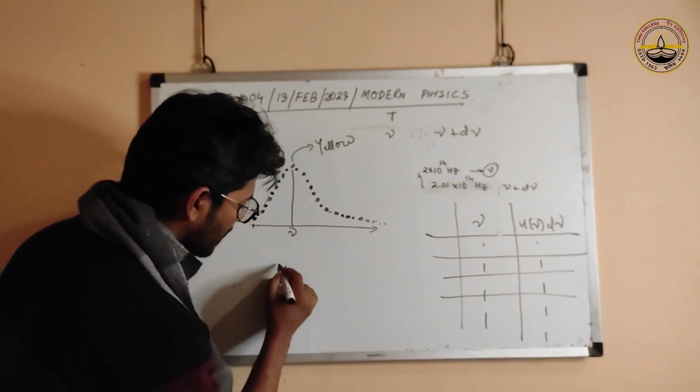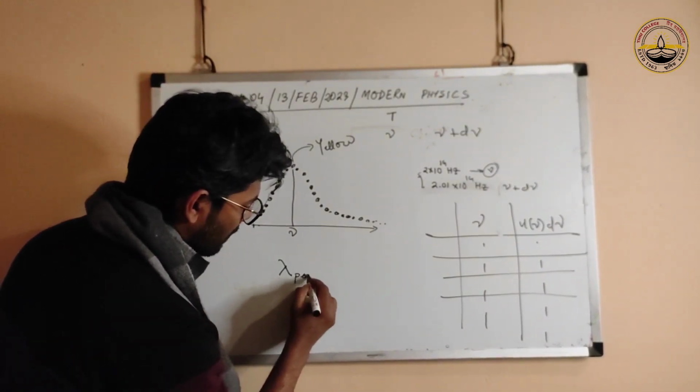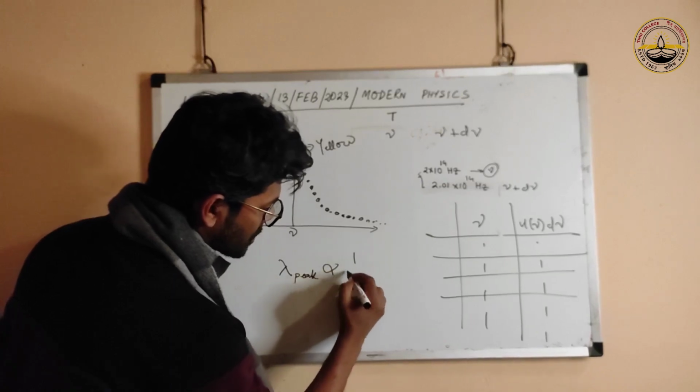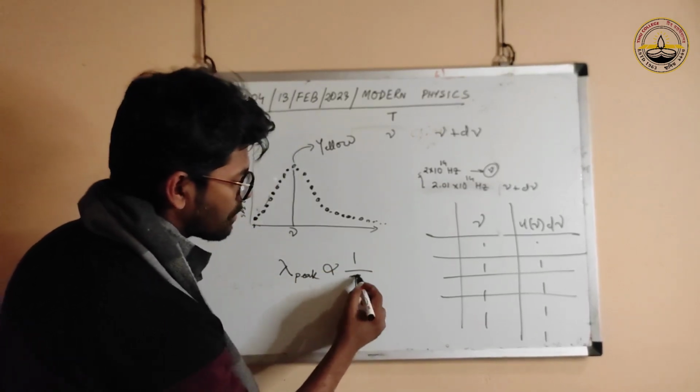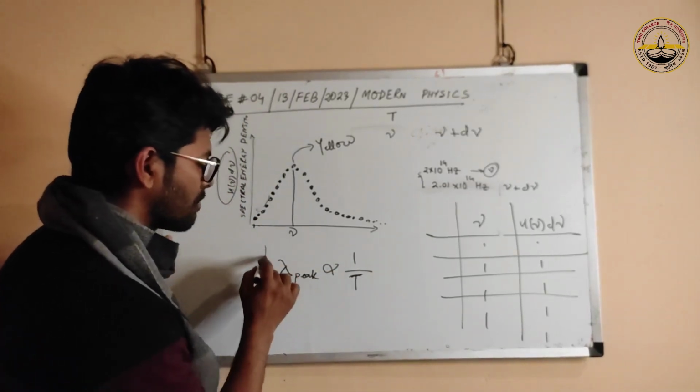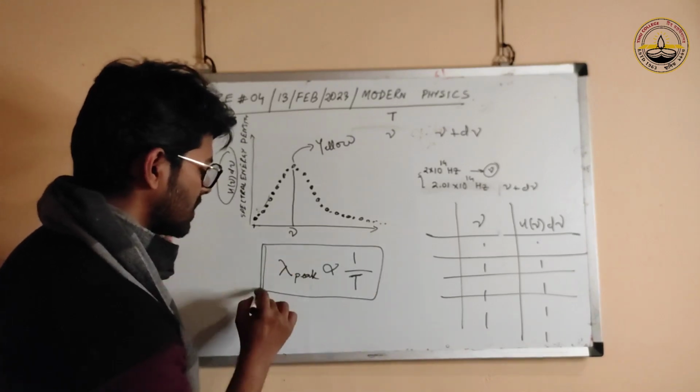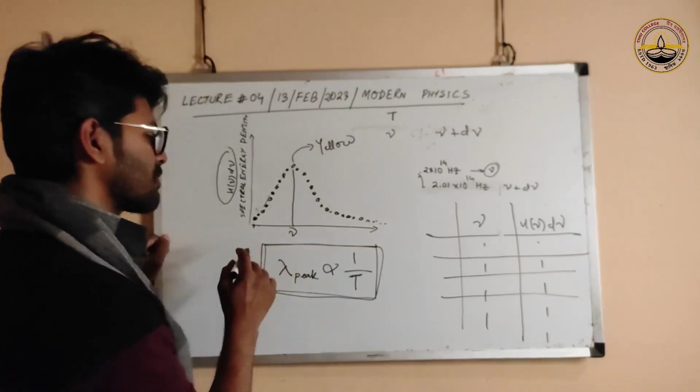So the peak wavelength will be inversely proportional to the absolute temperature of the black body. And this is called Wien's displacement law.